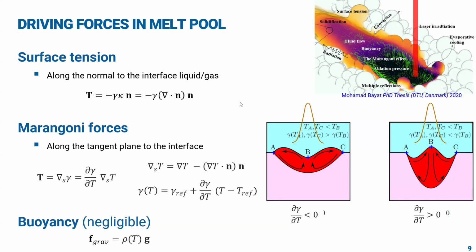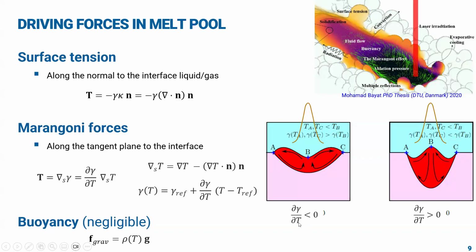So since you have a laser impacting the melt pool, then you have a thermal gradient along the surface of the melt pool. And then, because the surface tension is temperature dependent, you will have a gradient of surface tension.